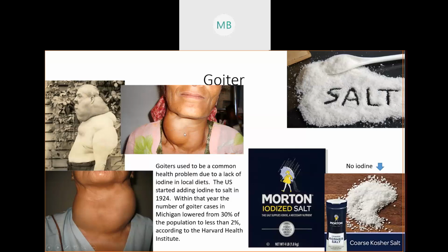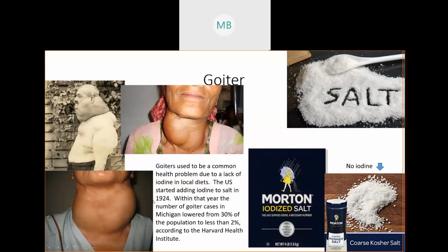So this was affecting more elderly and middle-aged individuals. The solution was for people to start adding iodine into our salt. This is why when we buy table salt, more than likely it is iodized salt. The United States started adding iodine to salt in 1924.